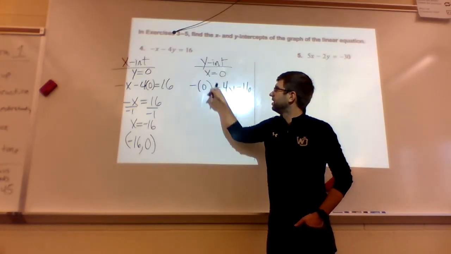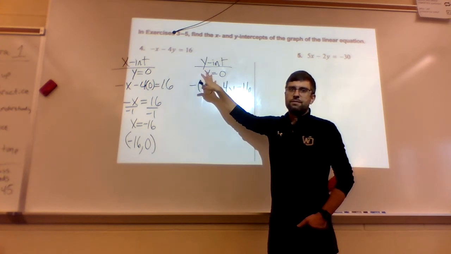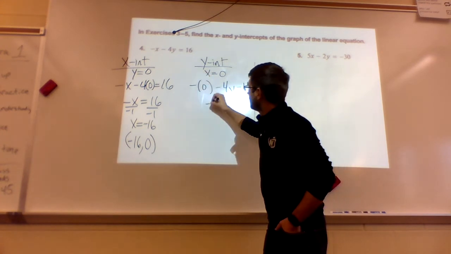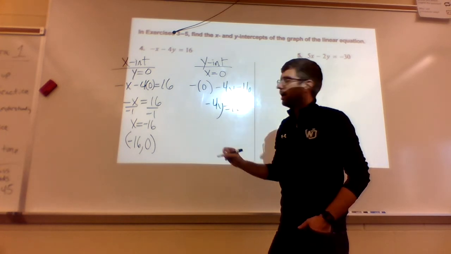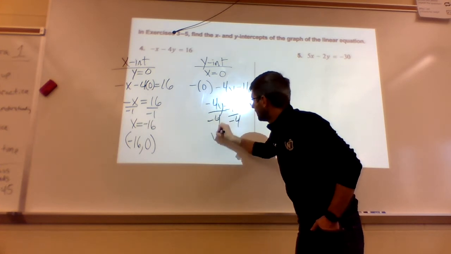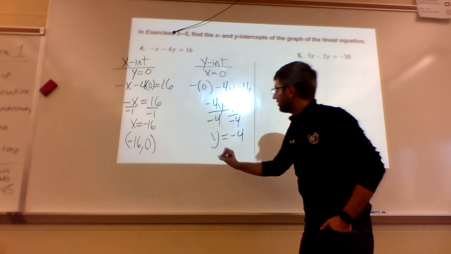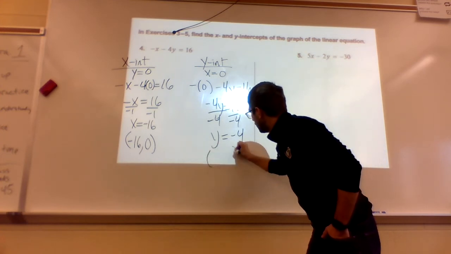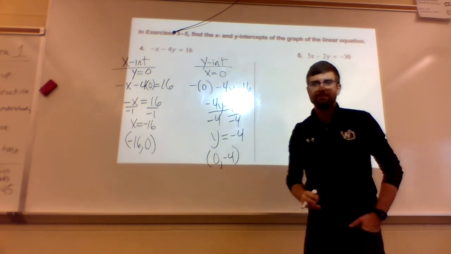This portion of -0 doesn't make a difference, positive or negative on 0. That will go away. So we have -4y equals 16. Now we divide both sides by -4, resulting in a y-intercept of -4. So our second point, our y-intercept, would be at 0, -4.